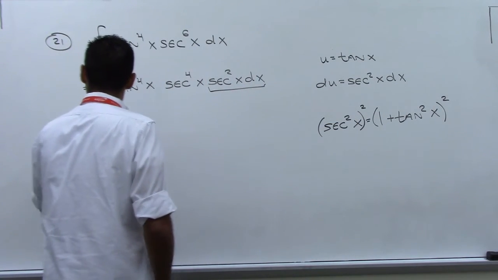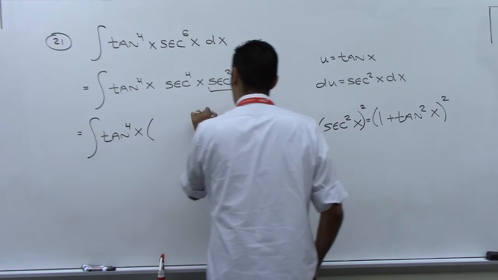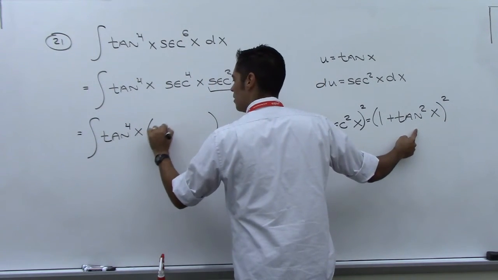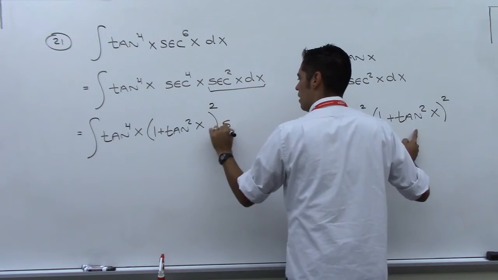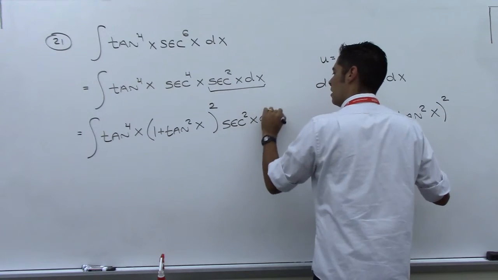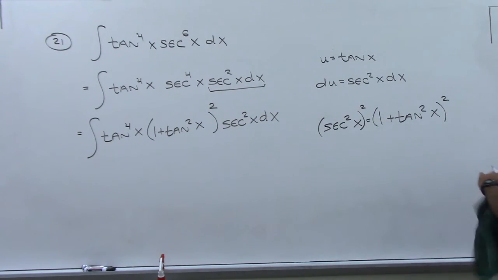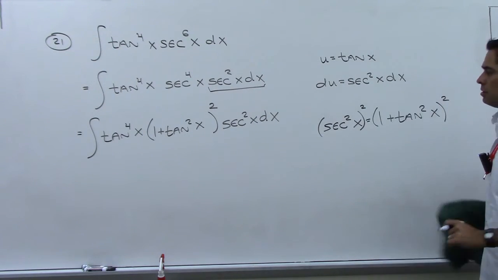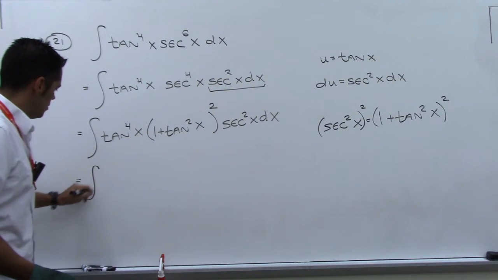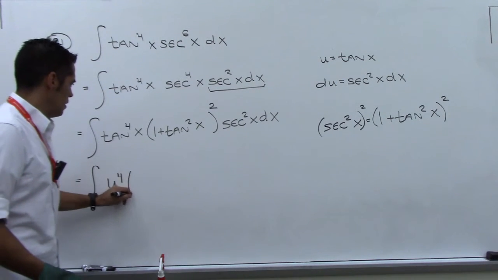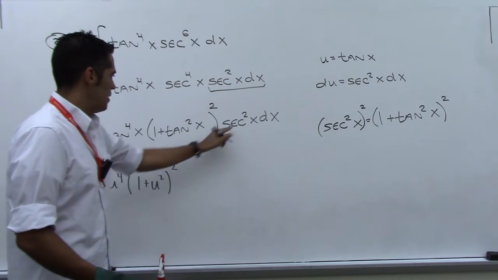So we've got the integral of tangent to the fourth x times the quantity 1 plus tangent squared x, squared, and then secant squared x dx. Now I make my substitution, u is tangent. So I've got the integral of u to the fourth times 1 plus u squared, squared, du.